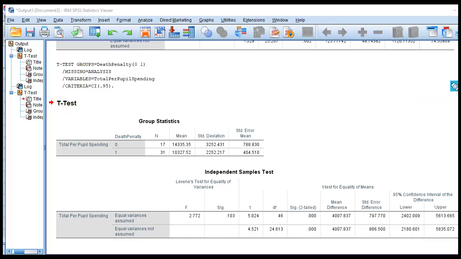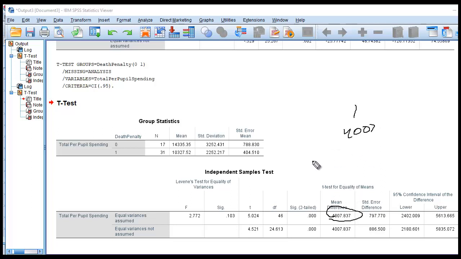Another thing to note in our output is the 95% confidence intervals. These are intervals formed around the mean difference that you observe right here. The mean difference is $4,007.